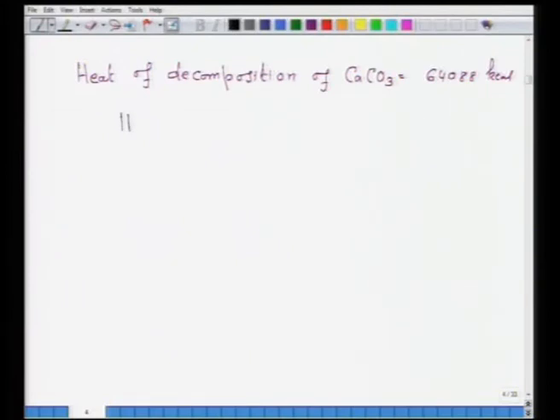Heat input first of all consists of the oxidation reaction, and the amount of heat input can be easily calculated by using the heat of formation data, and that is equal to 781,000 kilocalorie.